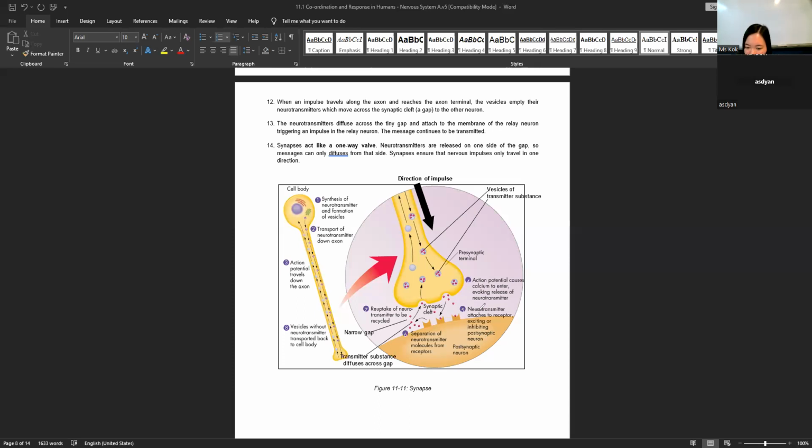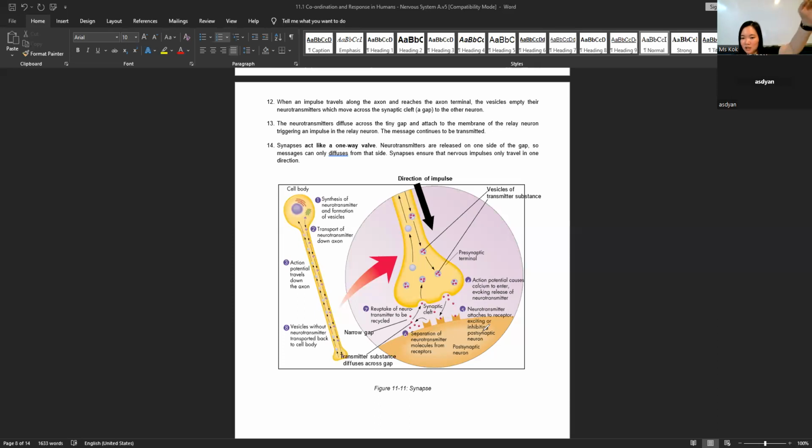So neurotransmitter attached to the receptor, either exciting or inhibiting. Exciting, that means it will stimulate the next neuron to form nerve impulse. Inhibiting, sometimes it will also inhibit. That means it will ask the neurons to not transmit the impulse.